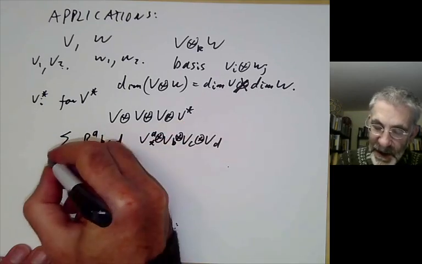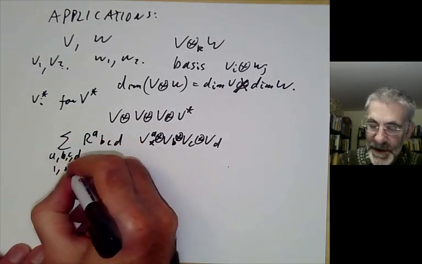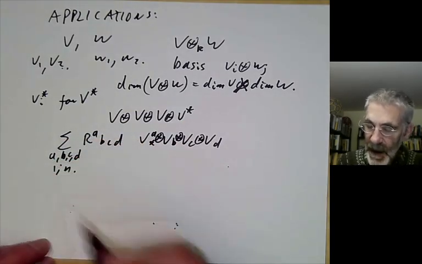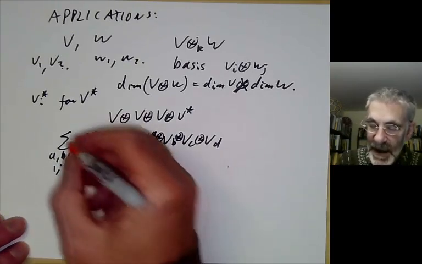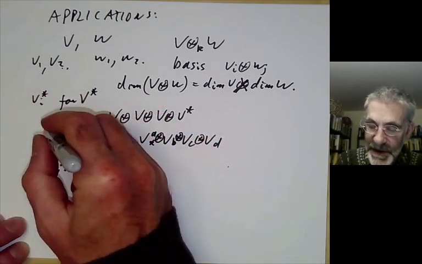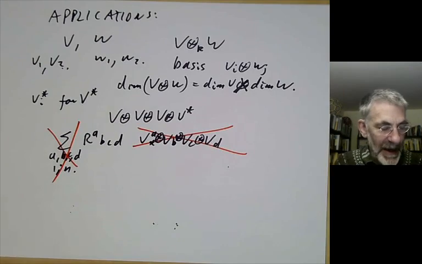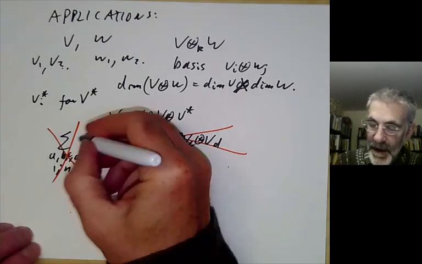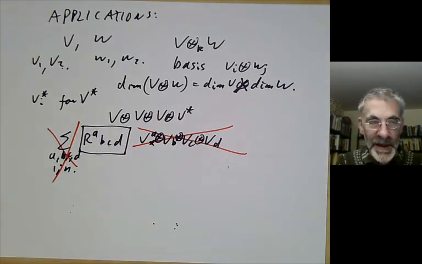So this would be a sum over all a, b, c, d running from 1 to n. And differential geometers are kind of lazy, so when writing down elements of tensor products, they miss out the summation sign and they miss out all these basis elements and just write down a sort of letter with lots of superscripts and subscripts.